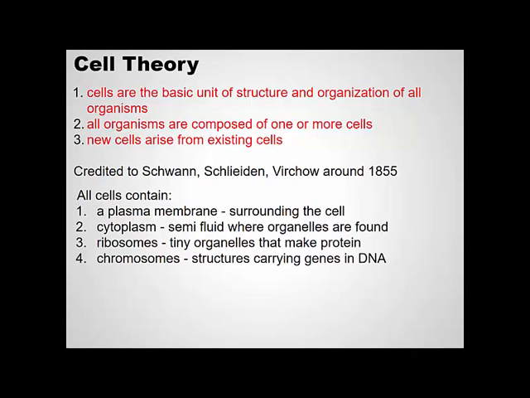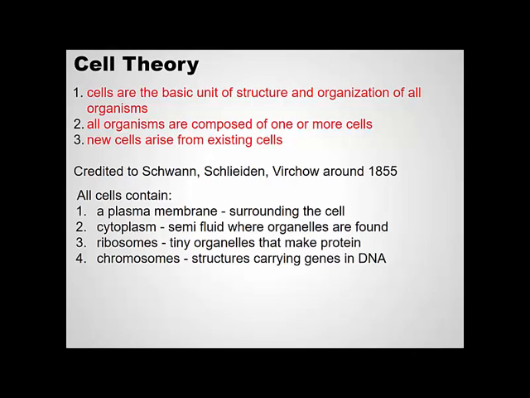So there are some commonalities to all cells. Even though cells come in a huge range of sizes, shapes, and complexities, there are some things that they all have in common. All cells have a plasma membrane, an outer layer that separates the cell from its outside environment.